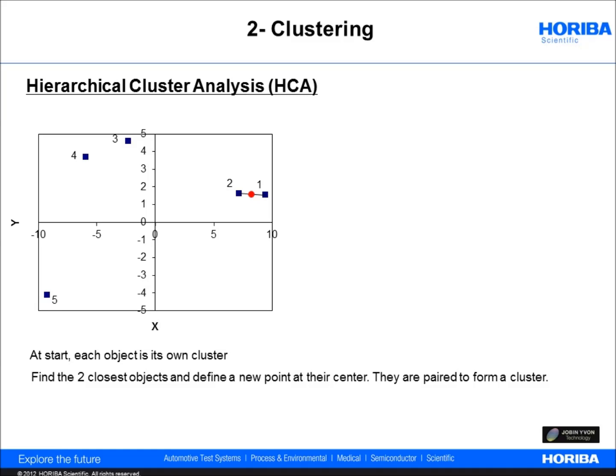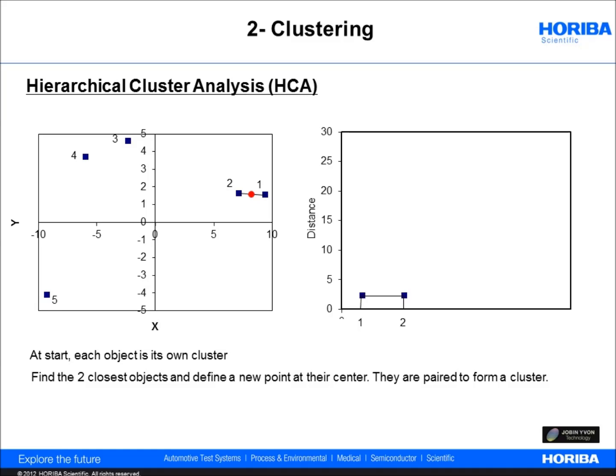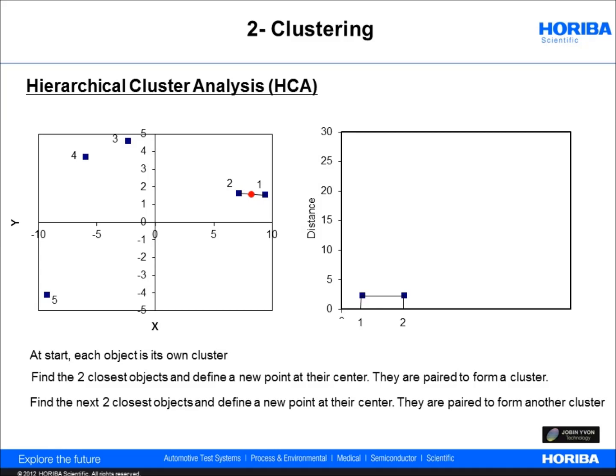This can be represented in a dendrogram in which these two spectra are displayed joined together. The distance between these two spectra is reported on the dendrogram, and it is shown by the arrows. The process is then repeated in a new cycle to find out the next closest clusters, spectra 3 and 4 in this example.